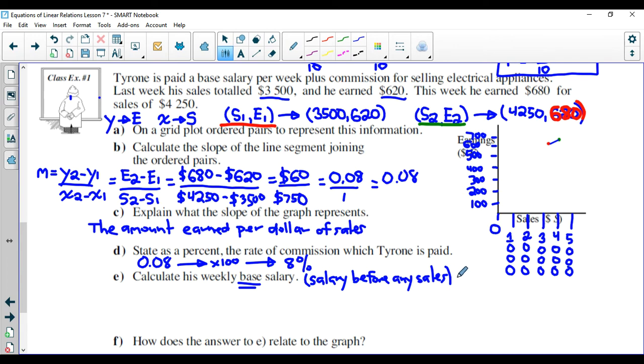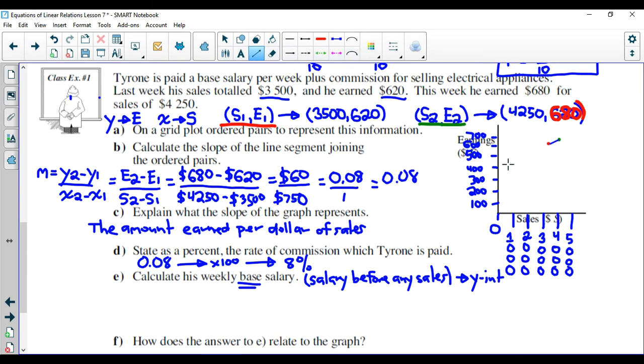So the salary before any sales would actually be the y-intercept of the graph. Now, we can use this really tiny line segment to approximate what the y-intercept would be.